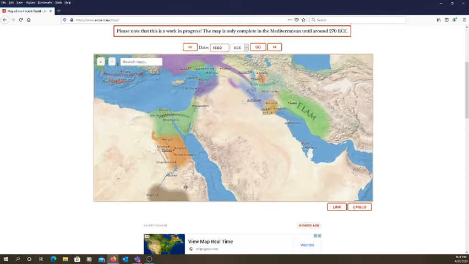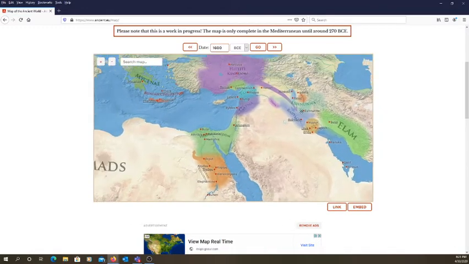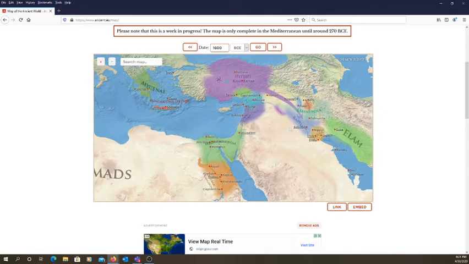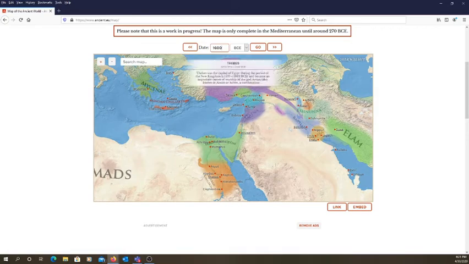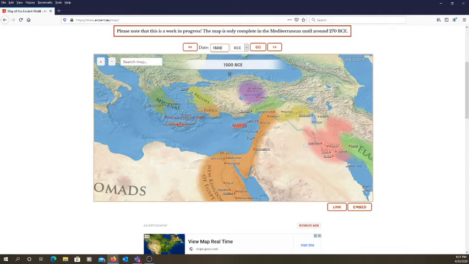The Kingdom of Kush is going to invade. Pretty cool, right? Now we're going to see a lot of people moving. The Hittites will entirely move into the Babylonian area. All right, and the Mycenaeans are taking over all of ancient Greece. The Minoans are starting to lose their ability to control that region.